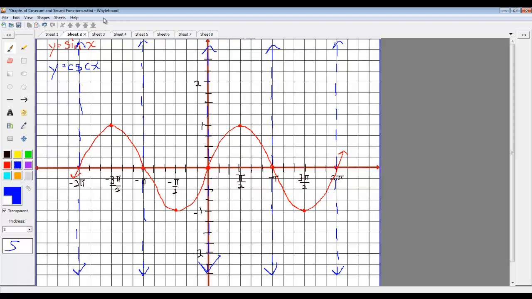Alright, so there's the vertical asymptotes. At each of these, at the maximums, the cosecant has a point as well. And at the minimums, the cosecant has a point as well. And what happens with the cosecant is if you start plotting all those points, you get these curves that look like this.